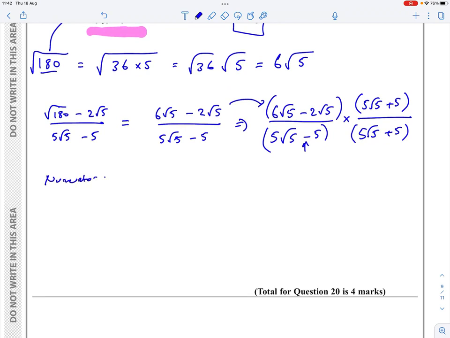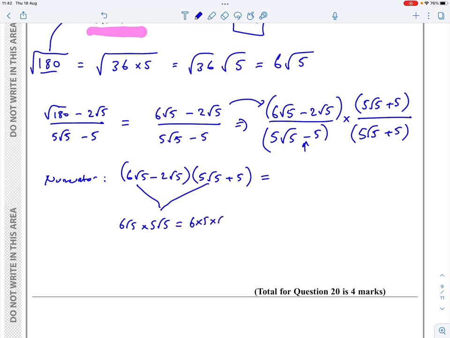For the numerator, you need to simplify 6 root 5 minus 2 root 5 multiplied by 5 root 5 plus 5. Again, you can use the FOIL method or the grid method to simplify this, whichever you prefer. First of all, 6 root 5 times 5 root 5.